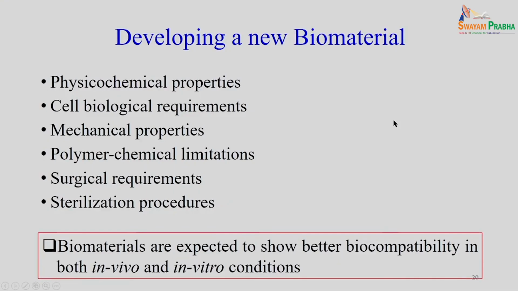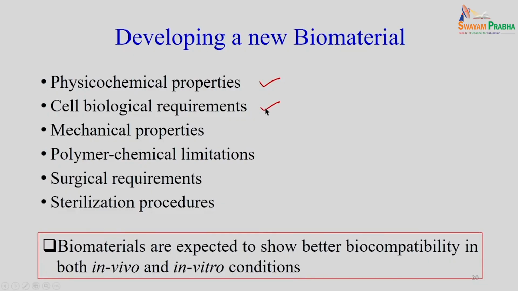So, whenever we are developing a new biomaterial, we have to first analyze its physico-chemical property, its surface property, its chemical composition, because surface property is going to regulate the surface protein and cell surface interactions. Chemical property will decide its compatibility, its leaching, how toxic it is or not.